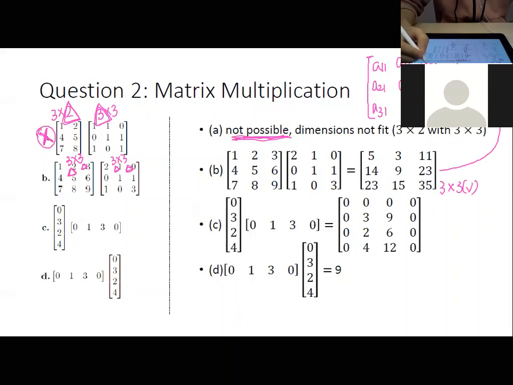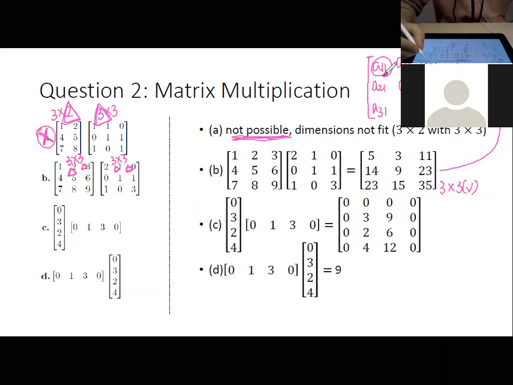The footnote of the notation means the position. For example, A11 means this element is at the first row and the first column. And this element is at the position of the second row, the third column.